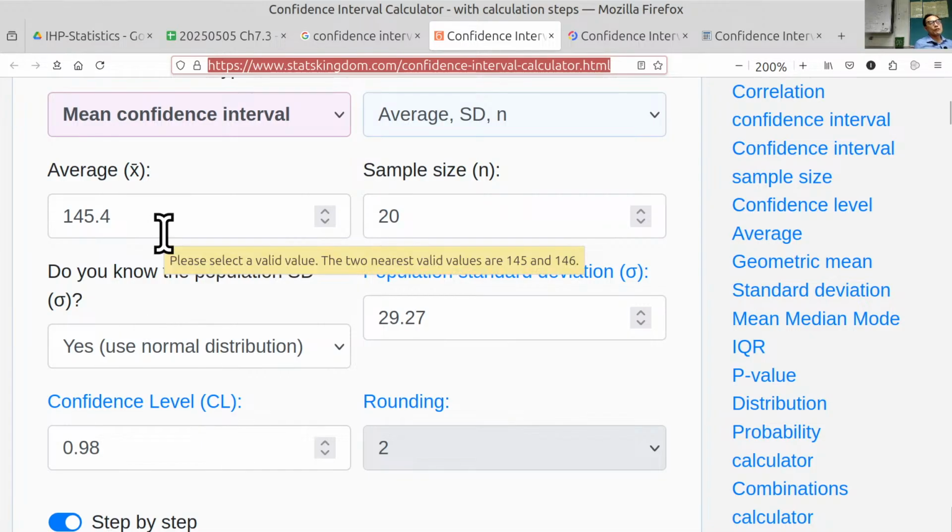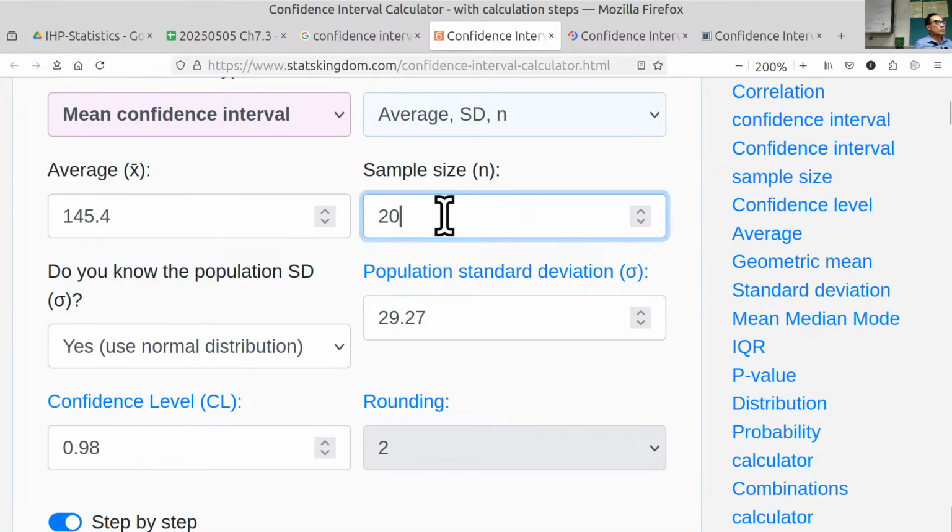The average is 145.4, the sample size 20, and the standard deviation.